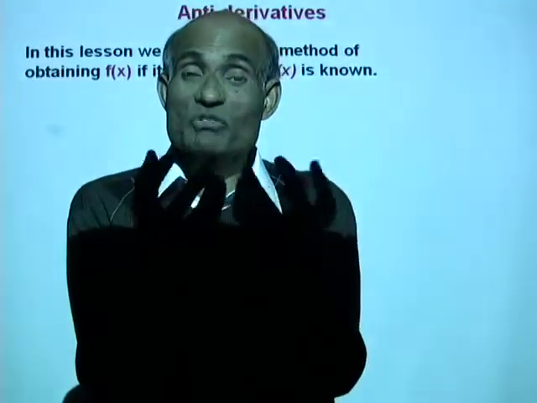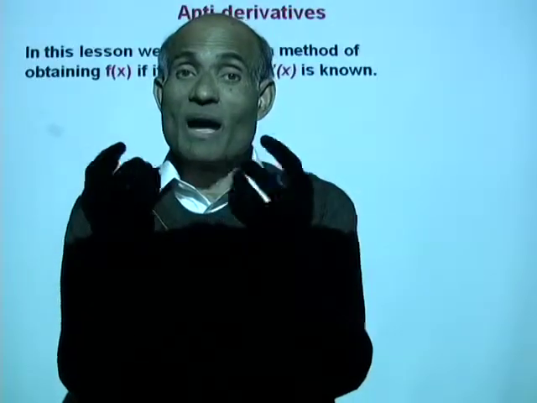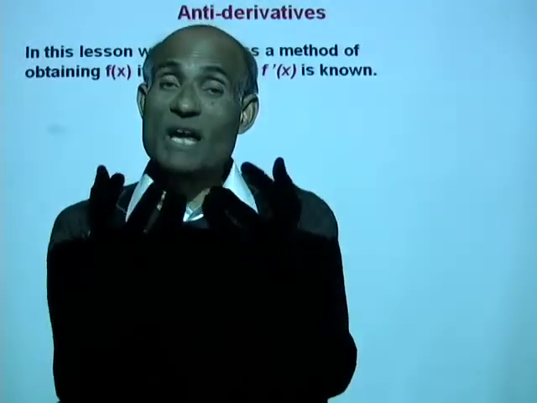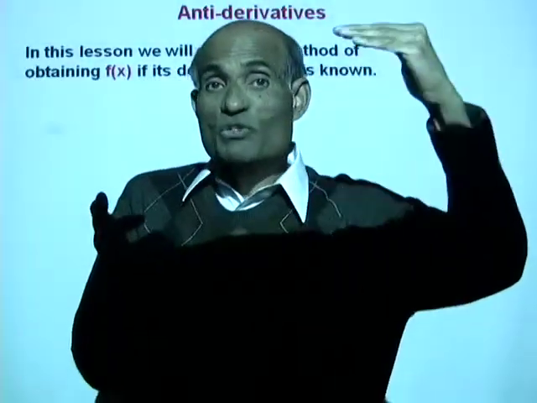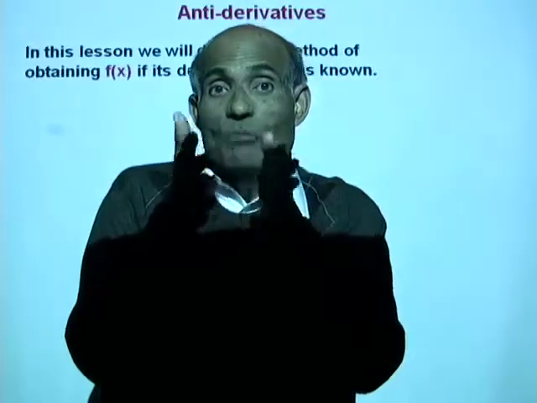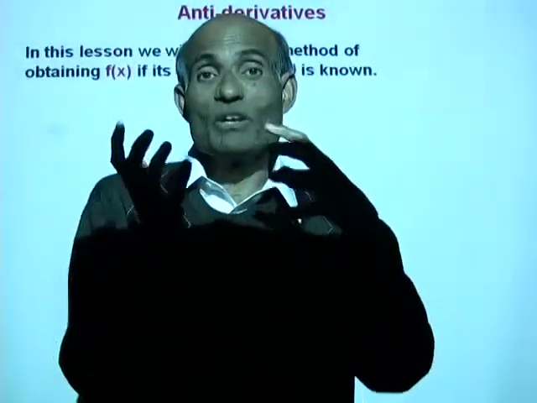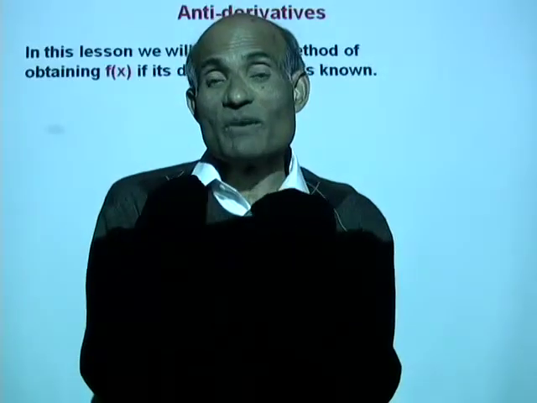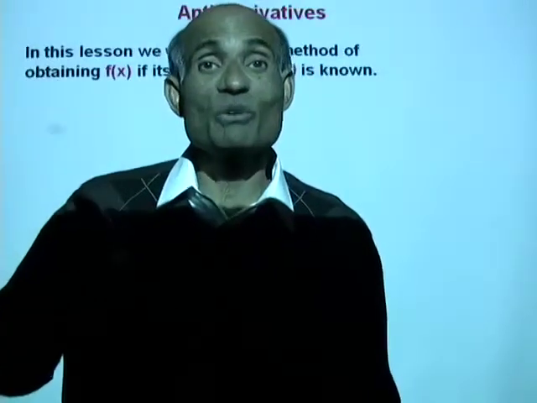Remember, derivative is the study of change and rate of change. And if you know the change or the rate of change of a function, can you construct the function? Can you add up all those changes to construct the function? In other words, the antiderivative is the reverse process, the opposite process of finding the derivative.